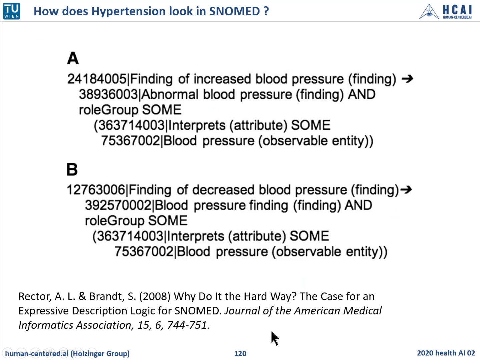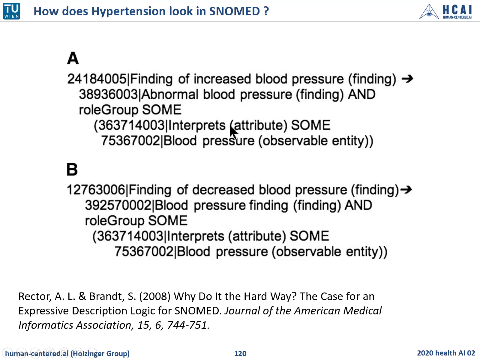How does, for example, hypertension look in SNOMED? Here we see two examples, a SNOMED representation for increased blood pressure and a SNOMED representation for decreased blood pressure. A big issue in clinical information systems is the distinction between observables and findings. There exists no universal consensus on the distinction.